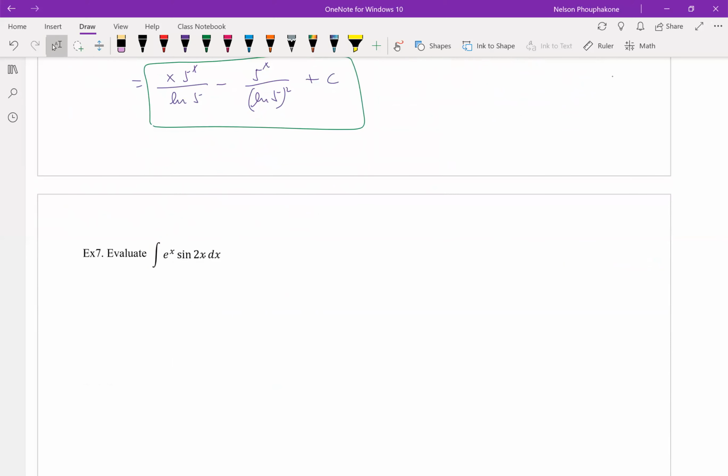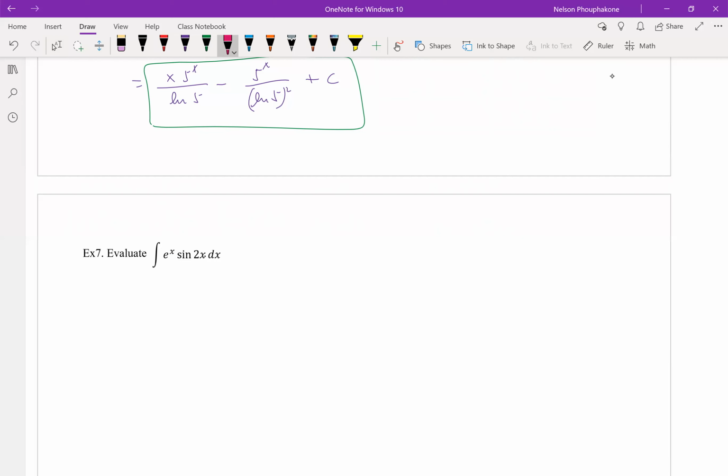Okay. So now, this is actually number 7, is really special. Okay. This one right here is kind of fun to work out. Okay. Now let's see why this is fun. Okay, so now you will see that to this one, I would like to integrate e to the x sine of 2x dx. Again, based on the reality, then what do we need to do first?